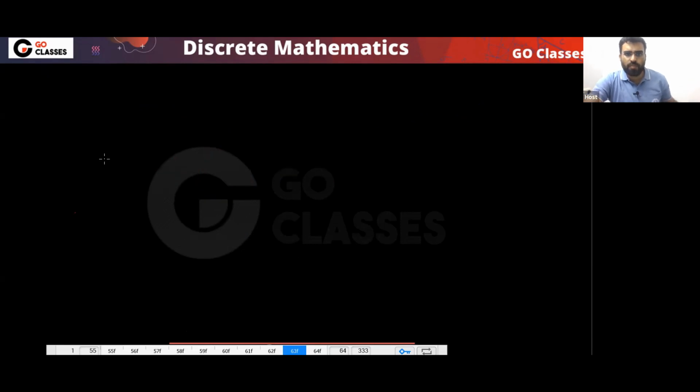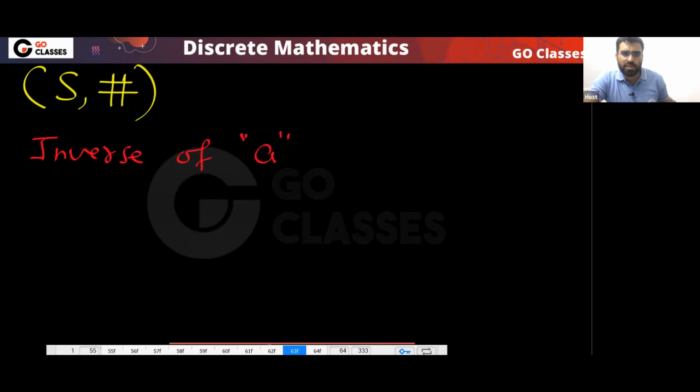Now let's see the formal definition of inverse. If you have any structure, any set with some operation hash, then what is the inverse of A?